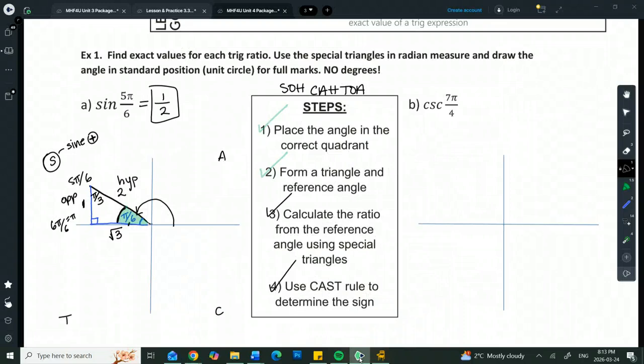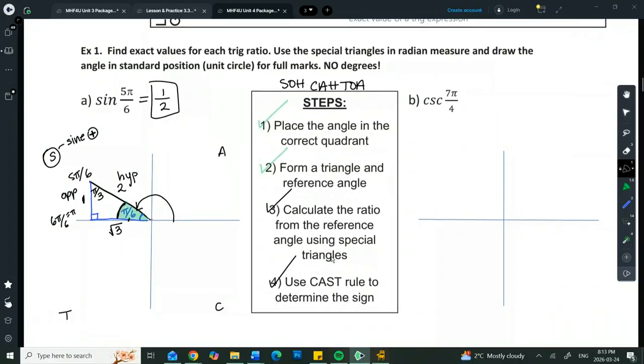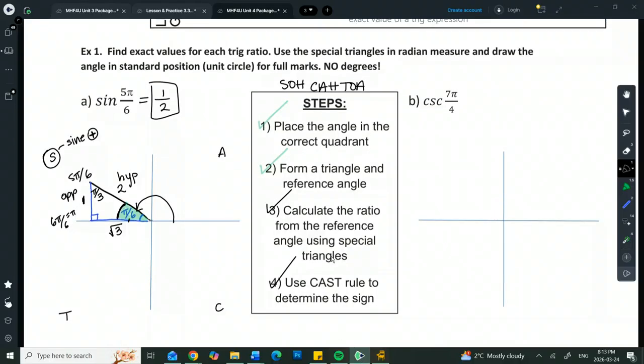All right, next one, cosecant of 7 pi over 4. So if I'm trying to figure out where 7 pi over 4 falls, I can certainly switch 7 pi over 4 into degrees if I want, or I can split each quadrant into 2 equal pi slices. So the top has 4, 1, 2, 3, 4.